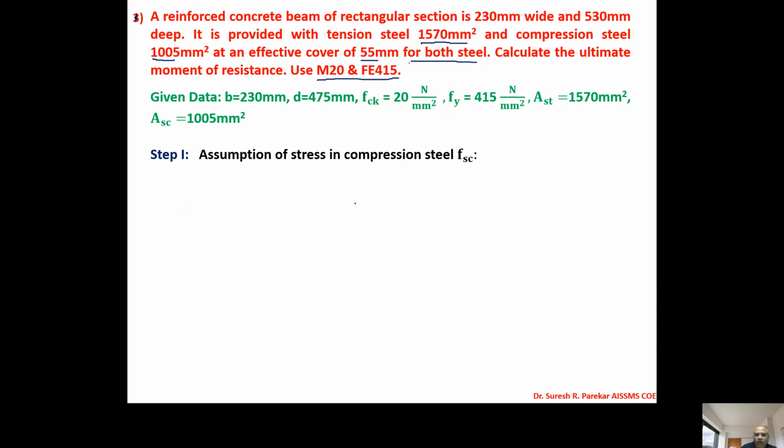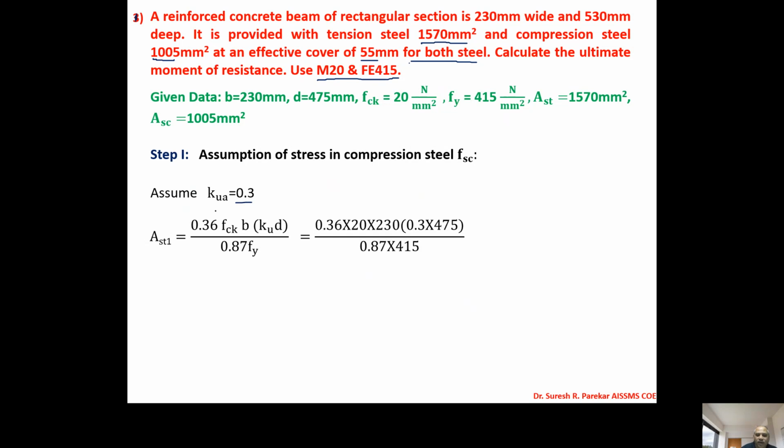We have to assume a value of FSC, and we are going to find the stress in steel, and whatever value we get from this will be our first trial. So now we will assume Ku assumed is equal to 0.3, same steps as I have shown you. Then we have AST1. Now we will substitute the value FCK, we have 0.36. So this is actually Ku assumed, and that value we have to take 0.3.